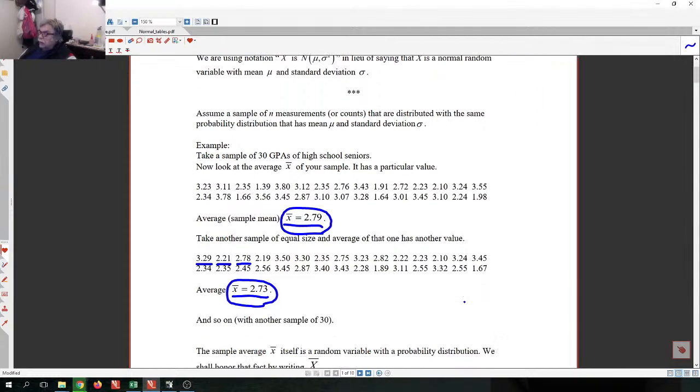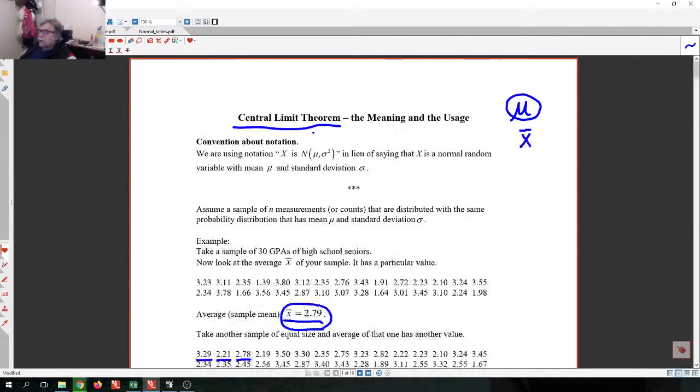But I can see here I have another problem, that this sample mean changes from one sample to another sample. So the question is, how? How is this changing? All right? And the answer to that is the Central Limit Theorem.